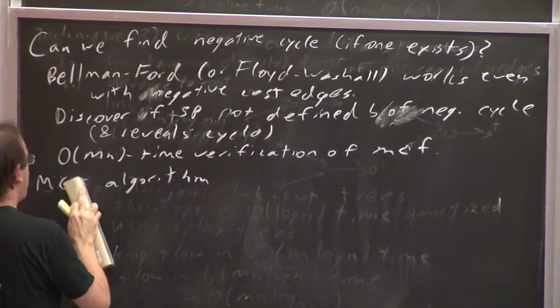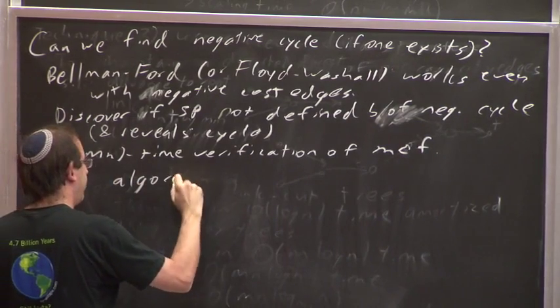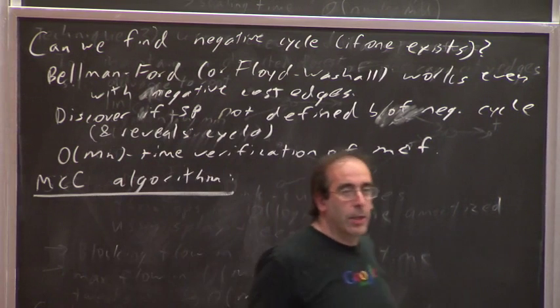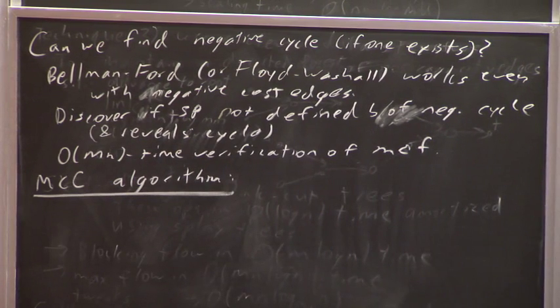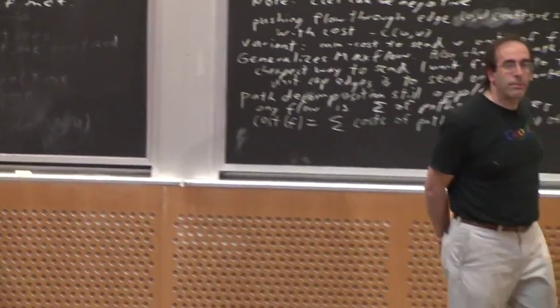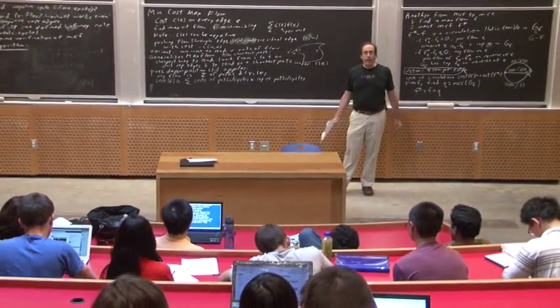Or actually, let me say min-cost circulation algorithm. Given what we've done so far, what is pretty much the naive and obvious way to find a min-cost circulation? Well, it's to creep up on it, right?